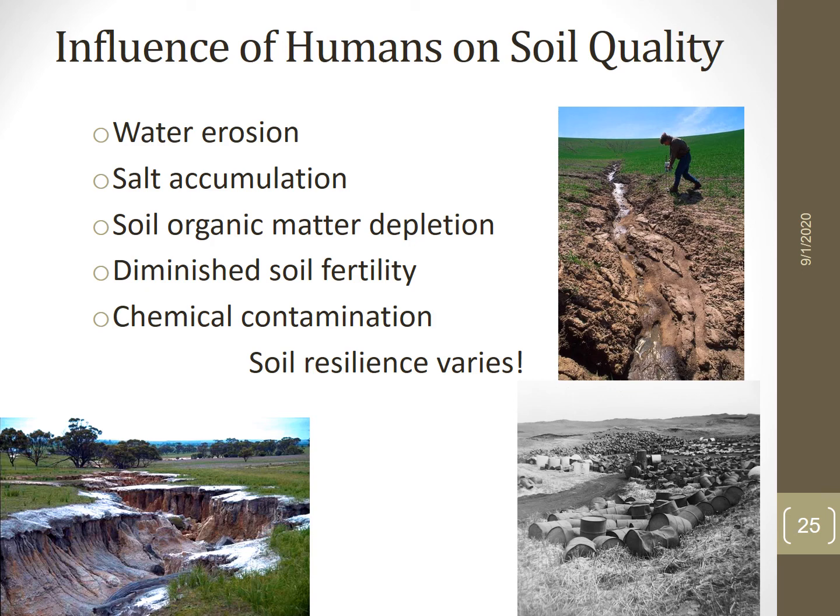Maybe chemical spills have contaminated it, and yet despite all of these, soil as an ecosystem can fight back. Soil resilience, however, does vary based on the soil type, its various features, and overall soil quality from how it's been managed previously.